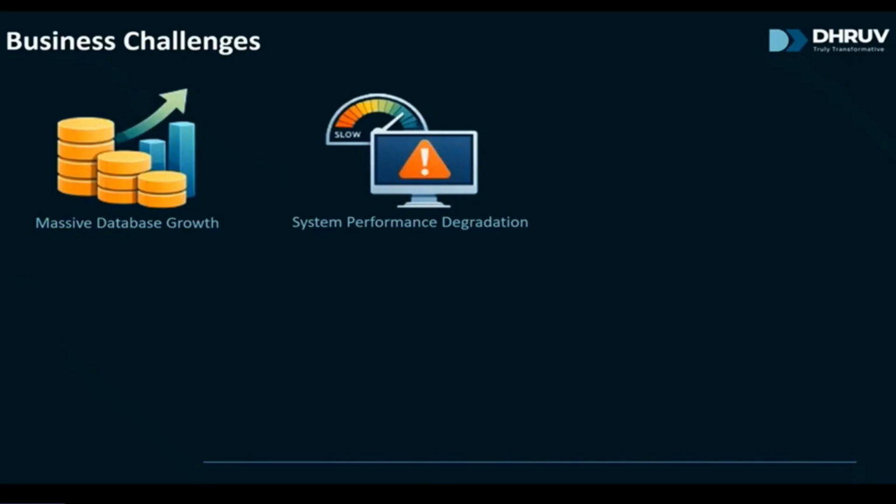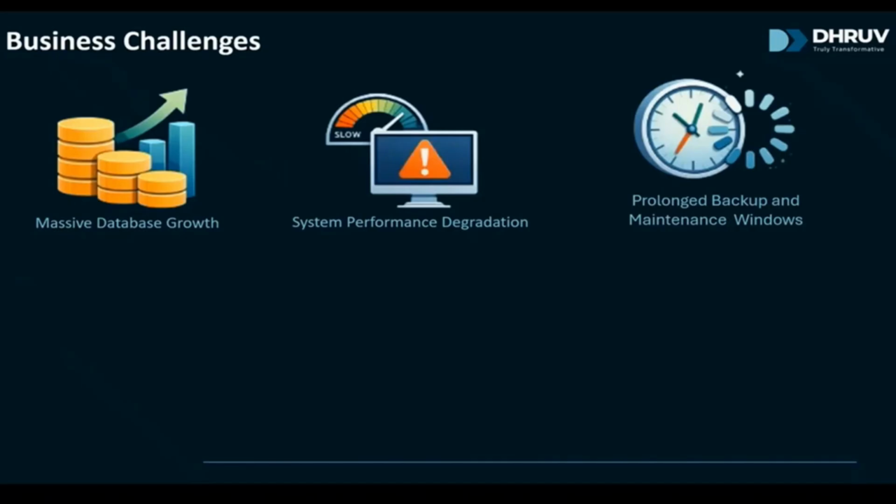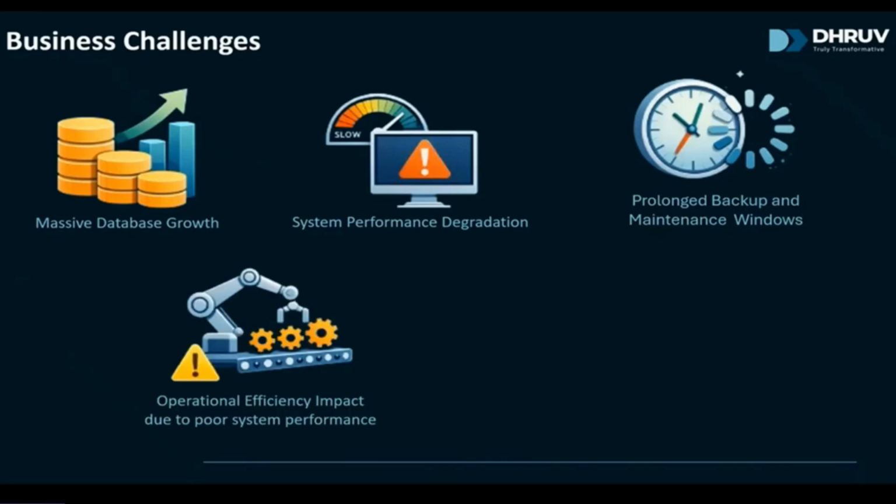This will directly impact the system stability and users will start experiencing system slowness. Then there is also operational impact. Larger databases make maintenance activities longer and more resource intensive, turning routine tasks into complex and time consuming activities. And all of this also starts impacting the business operations.